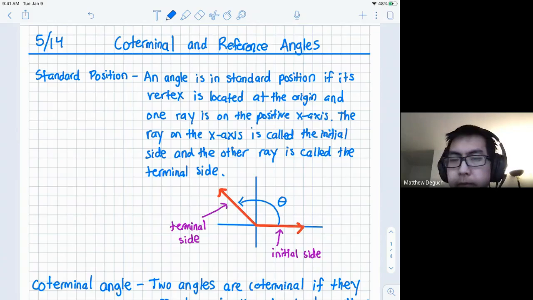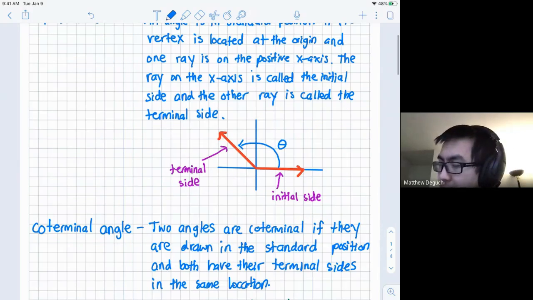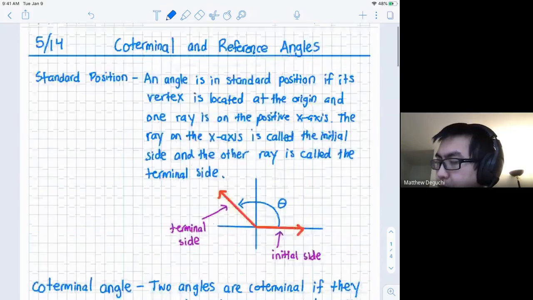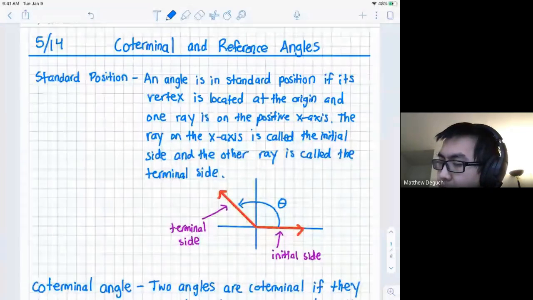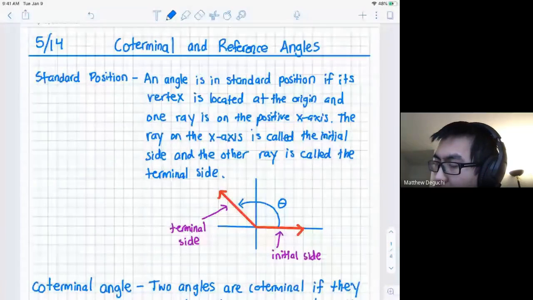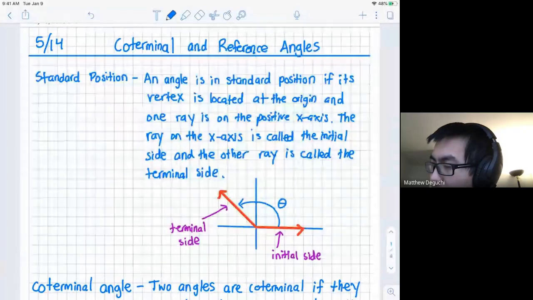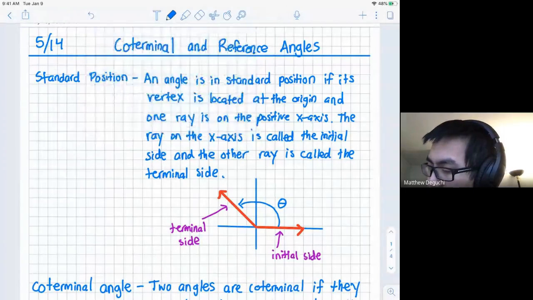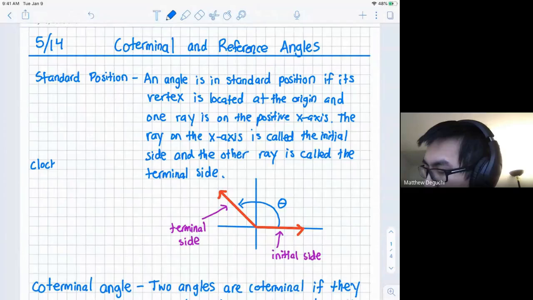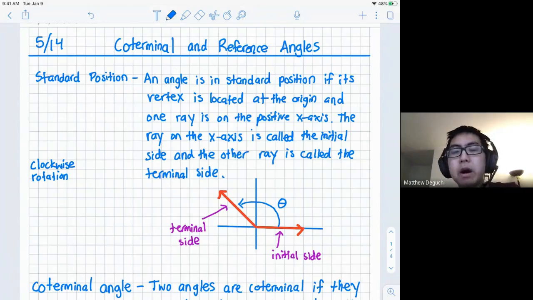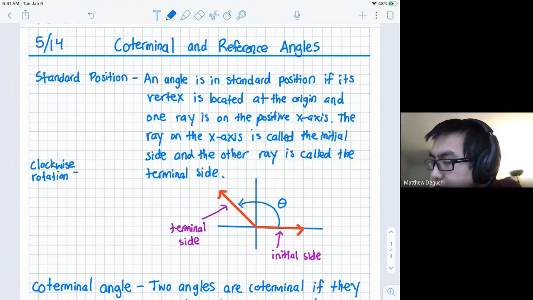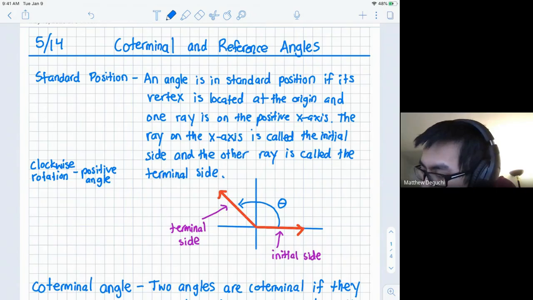Now, let me give you guys some feedback on the angle. Since you always start on the x-axis, let's write this down. Clockwise rotation, that's going to give you a positive angle. Oh, sorry, counterclockwise.